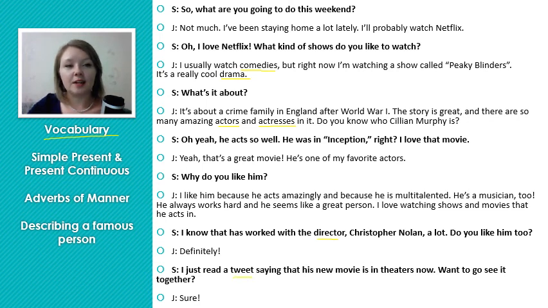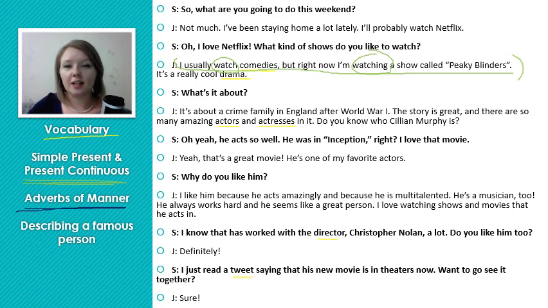Next, we can see many examples of simple present and present continuous. Here in this sentence, I usually watch comedies, but right now I'm watching a show called Peaky Blinders. This is a great example of how and when to use simple present and when to use present continuous. We see many adverbs of manner throughout this conversation as well.